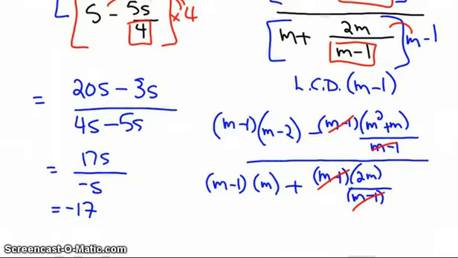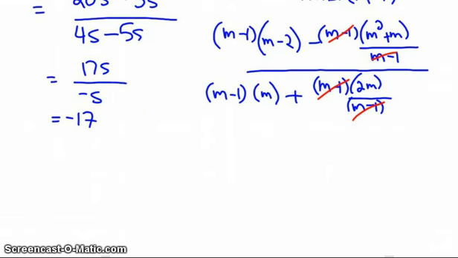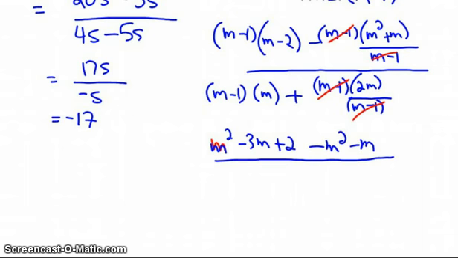So to finish it, we've got m squared minus 3m plus 2 and minus m squared minus m, all over m squared minus m and plus 2m.